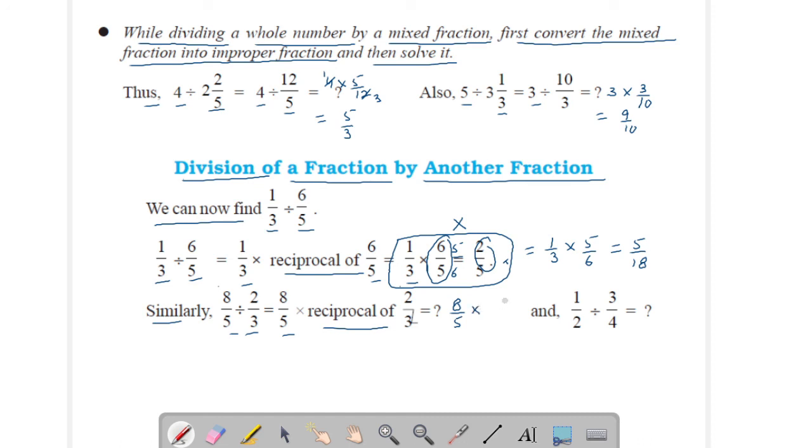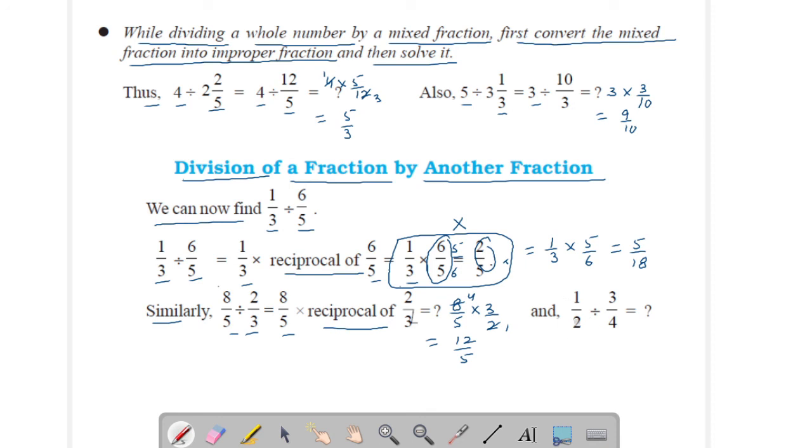What is the reciprocal of 2 upon 3? It is 3 upon 2. Here you can simplify it. Divide 2 and 8 by 2: 2 ones are 2, 2 fours are 8. So this can be written as 4 threes are 12 upon 5.